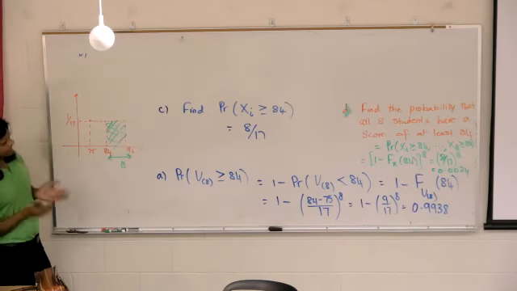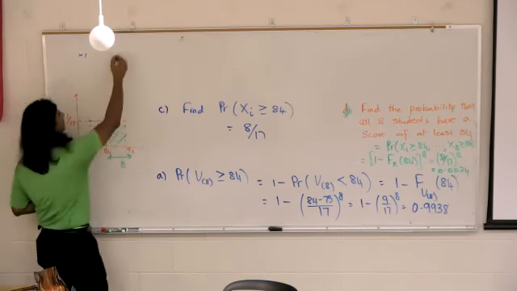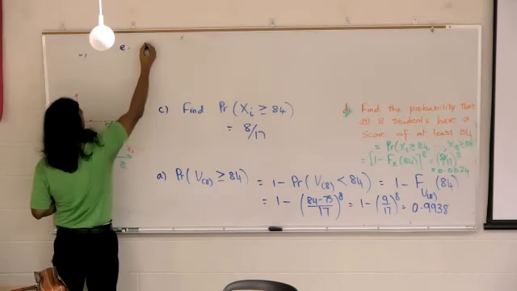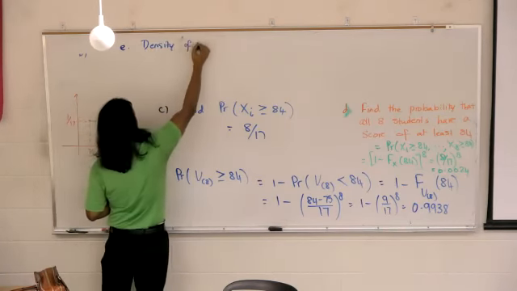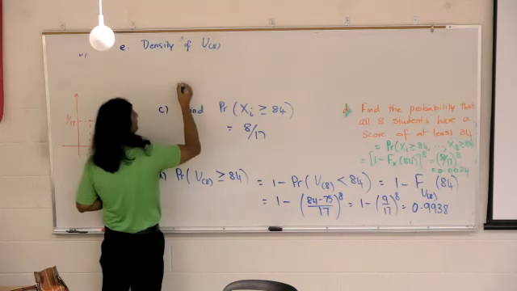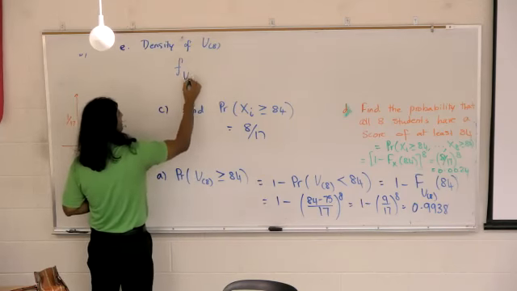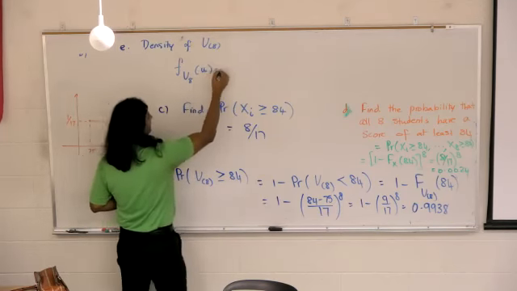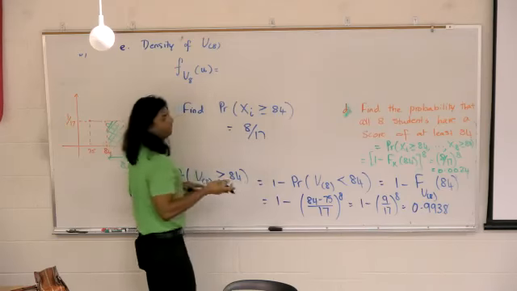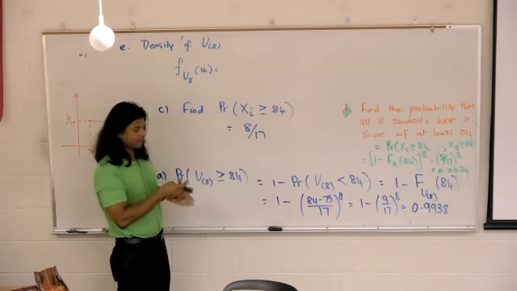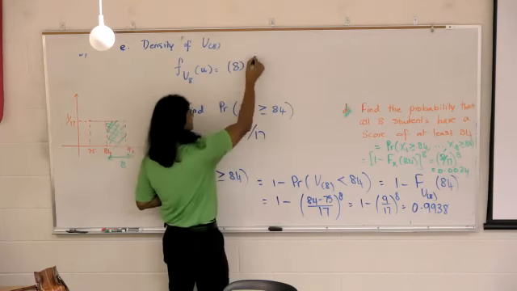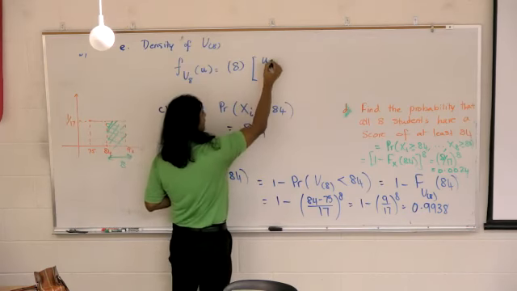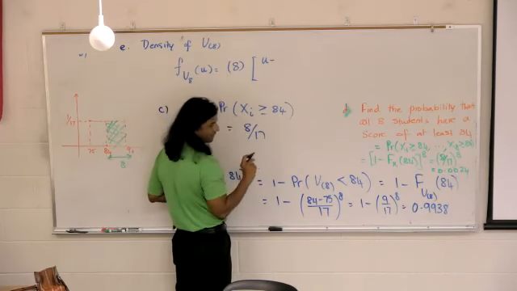So the last case, the density of the ordered statistic, that part is easy. It is simply n, so 8, going back to the formula, times f of u.